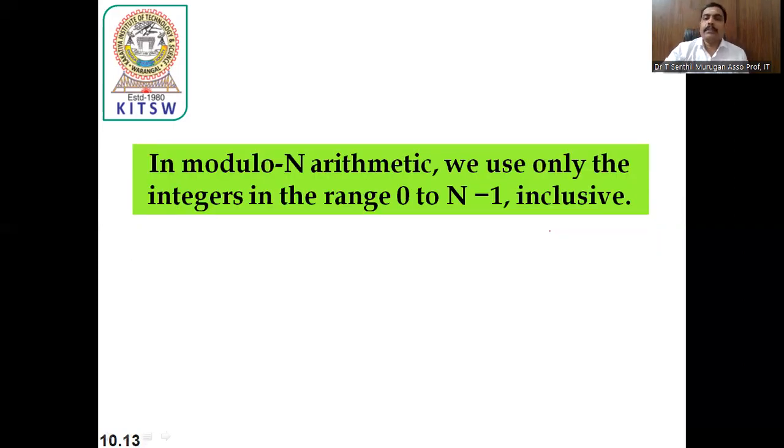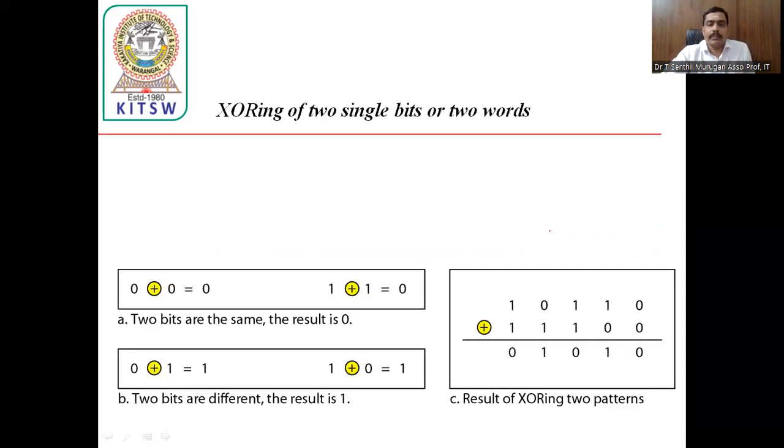In modular n arithmetic, we use only integers in the range 0 to n minus 1 inclusive. For identifying errors, we are going to use modular n arithmetic. So how can we do it? Modular n arithmetic normally uses XOR operations, XORing single bits and two words.